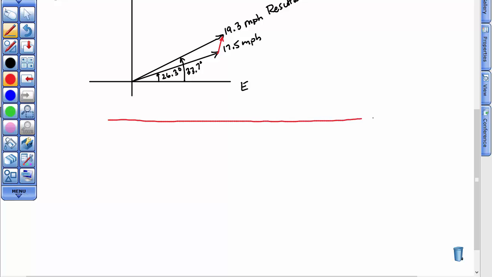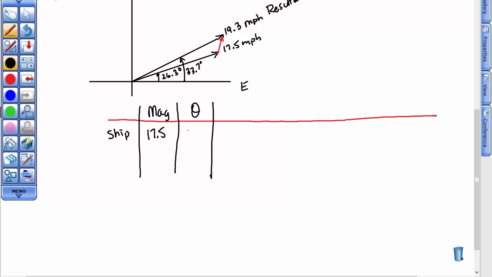So, and I mean to do this in black. I have the ship that's traveling at a magnitude of 17.5 miles per hour, and its angle is at 26.3 degrees.